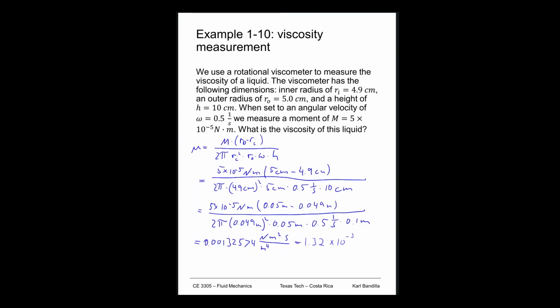And then the units are Newton times second divided by meter to the fourth, meter squared, so meter squared, which is of course the unit that we want to get for a viscosity. So this was a quick way of calculating the viscosity based on a measurement in a viscometer, in a rotational viscometer.